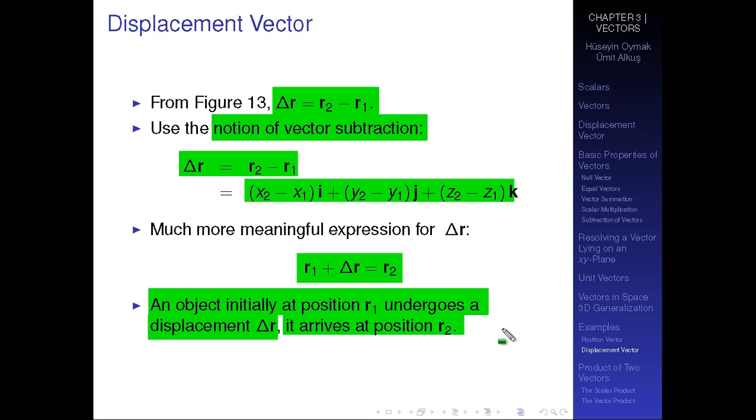Very good. Until now, we have discussed basic properties of vectors and investigated three-dimensional vectors such as position vector and displacement vectors. From now on, we discuss two special properties of vectors, that is, the scalar product of two vectors and also the vector product of two vectors.